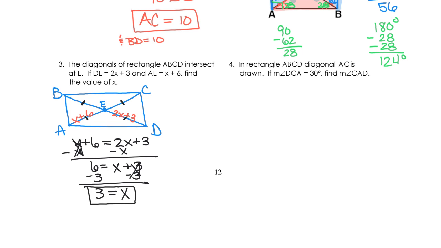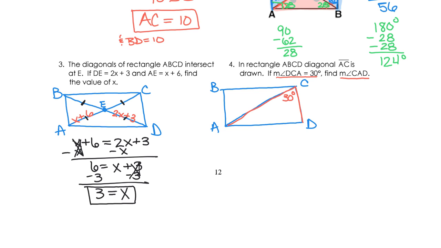All right, number 4. It says in rectangle ABCD, diagonal AC is drawn. And it says that if the measure of angle DCA, D to C to A, is 30 degrees, find the measure of angle CAD.